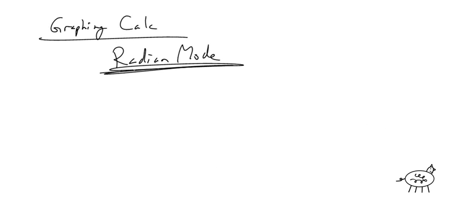It's got to be in radian mode. If it's not in radian mode, it's brutal. Okay, it totally gives you a wrong answer when you're graphing something. And if you were to try it in the wrong mode, it would not give you a good answer here. So it's got to be in radian mode.